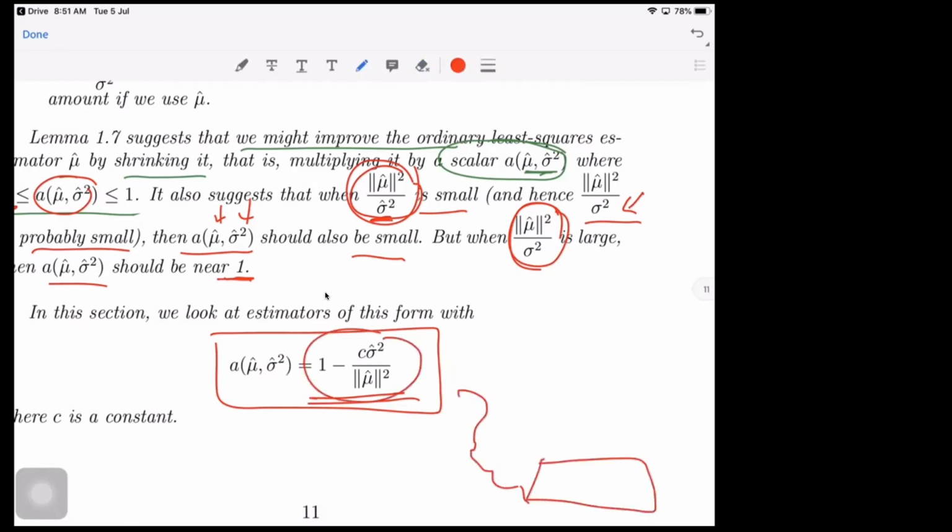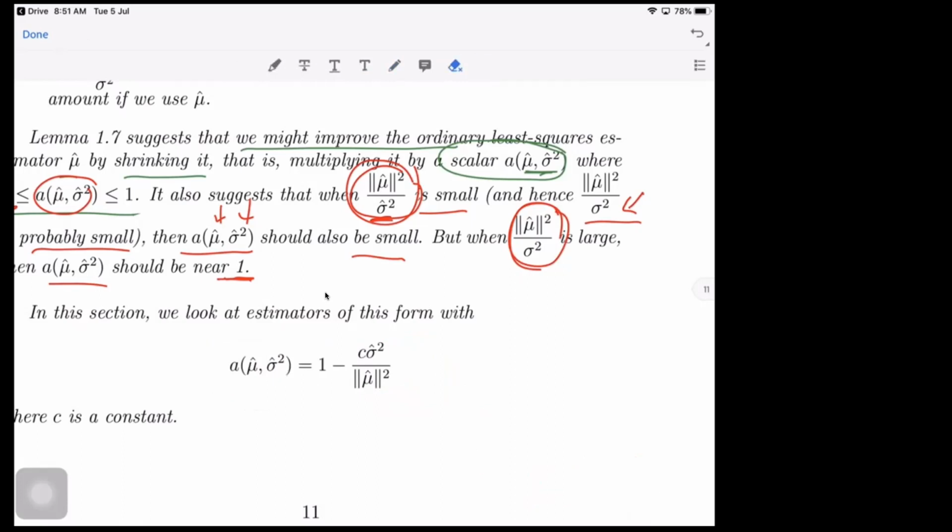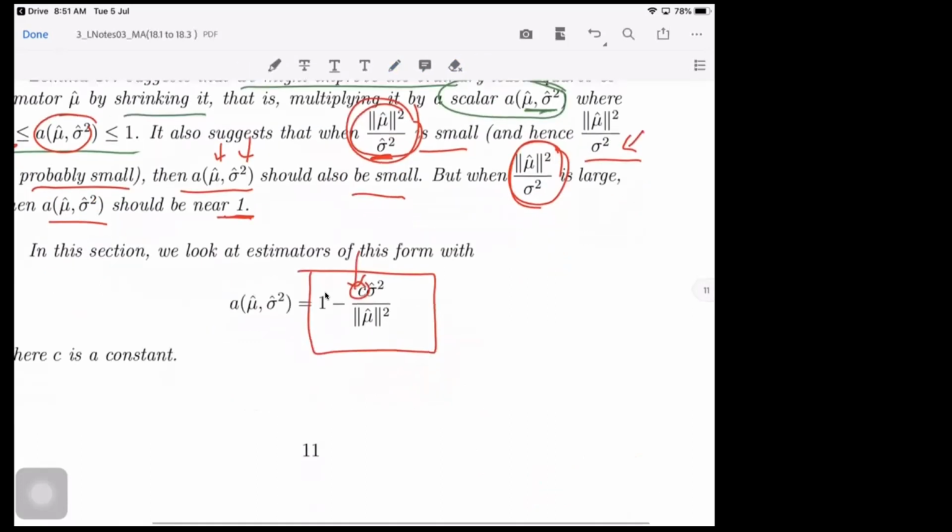So the challenge here, aside from getting this form, 1 minus C sigma squared over the square norm of mu hat, is also what this constant C will be that gives you the minimum risk.